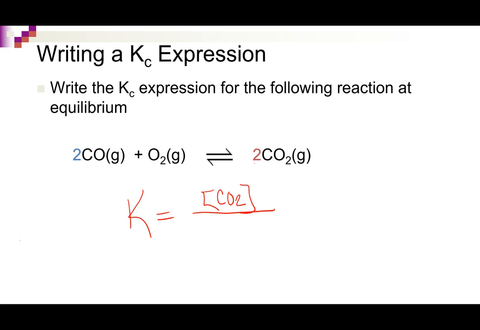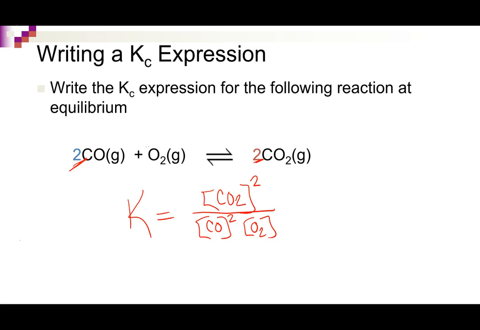And whatever the coefficient is, I'm just going to write that as the exponent, so squared. Over the concentration of my reactants, so carbon monoxide times oxygen. And again, I see a coefficient of 2 with carbon monoxide, so I'm going to square that.